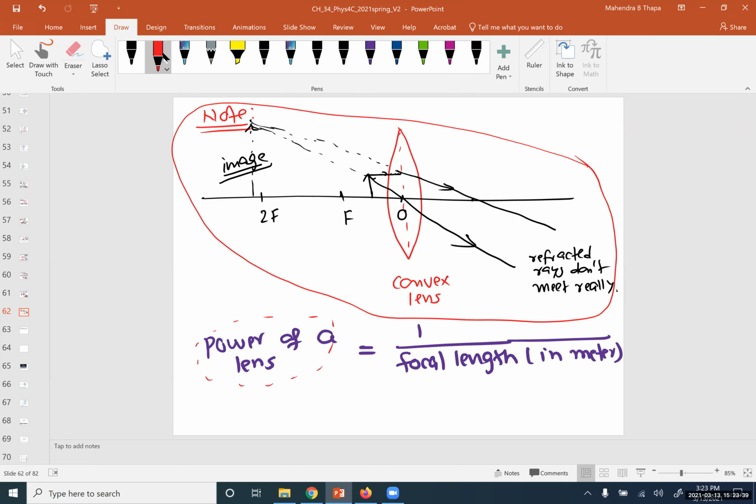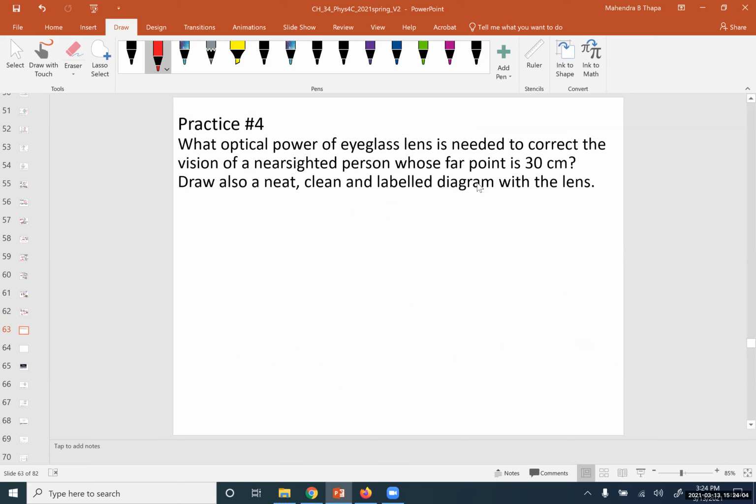The unit of power of a lens is the diopter, D-I-O-P-T-E-R, which we can also write in short as D. If you understand up to this point, you can solve this problem.